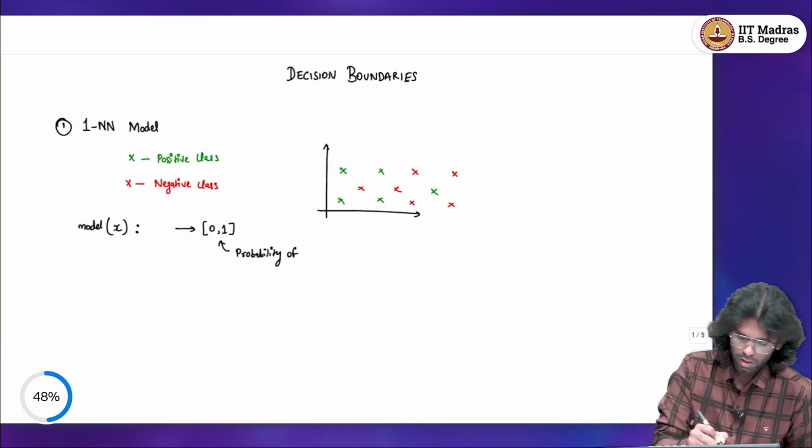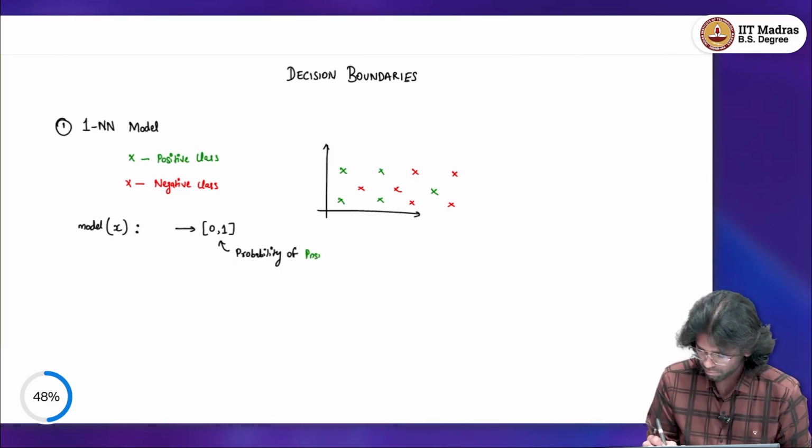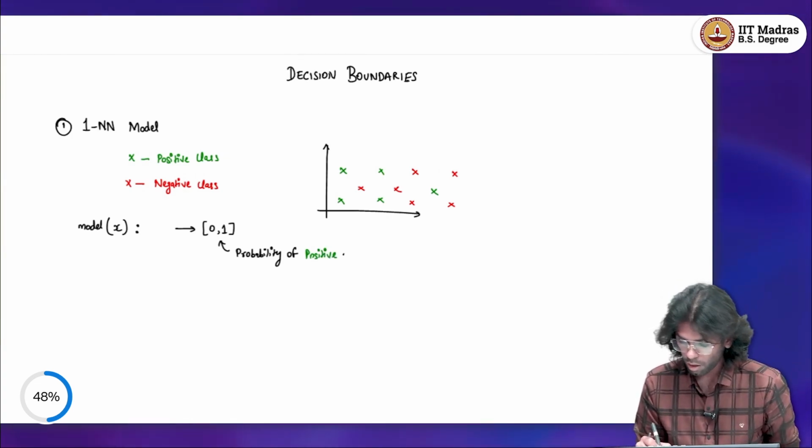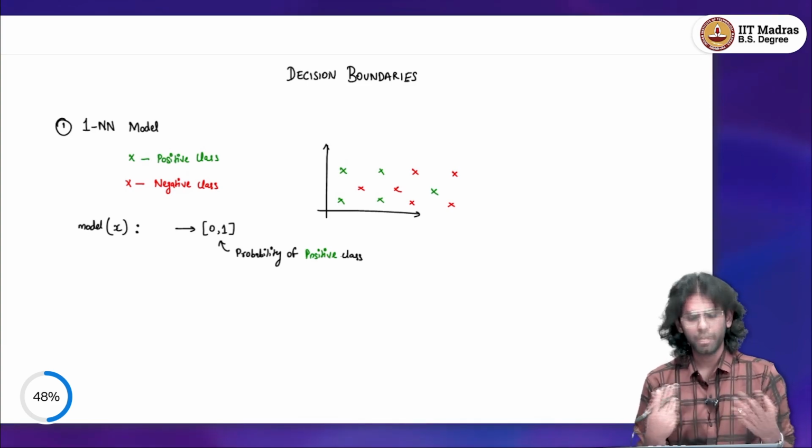The higher the probability, the more confident the model is in its prediction.